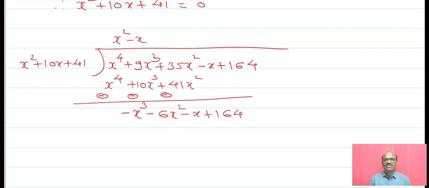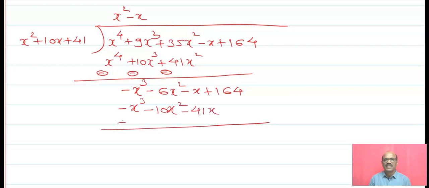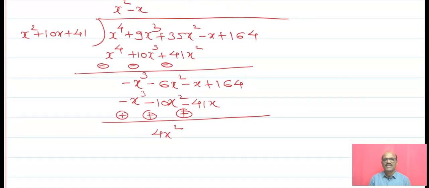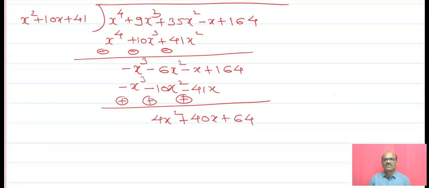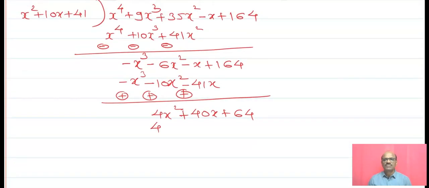Now multiplied by minus x, and you will get minus x cube minus 10x square minus 41x, that is minus minus will become plus, and that's why you will get 4x square plus 40x plus 164. 164 is there.